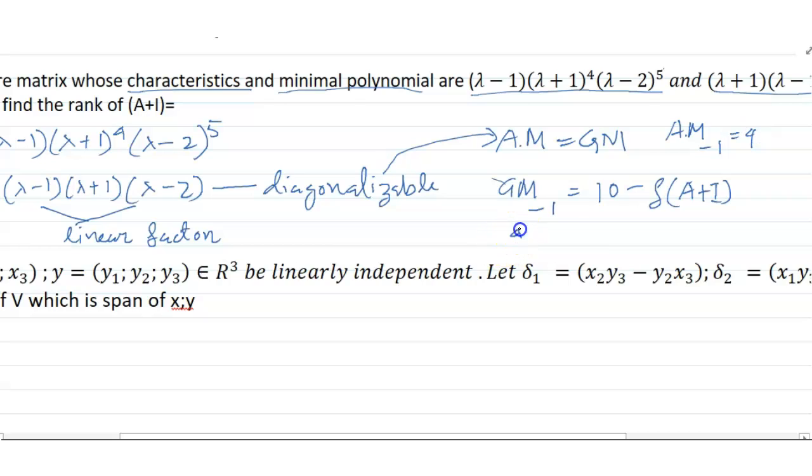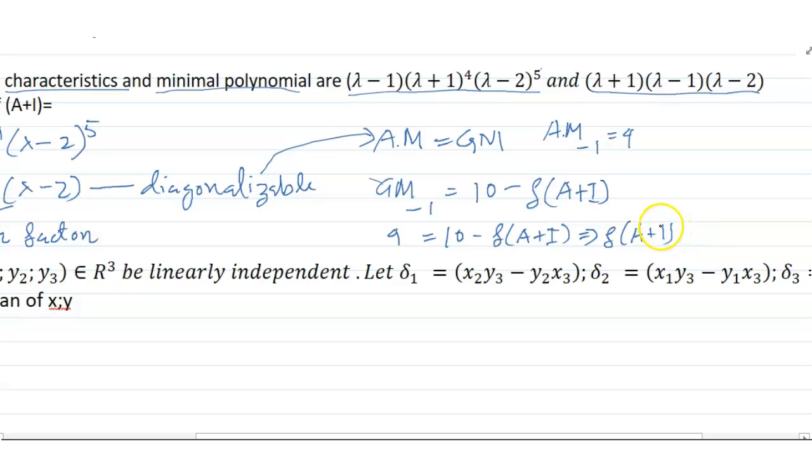So this value is 4. So 4 is equal to 10 minus rank of A plus I, so rank of A plus I is equal to 10 minus 4, which is 6. So friends, my answer here is 6.